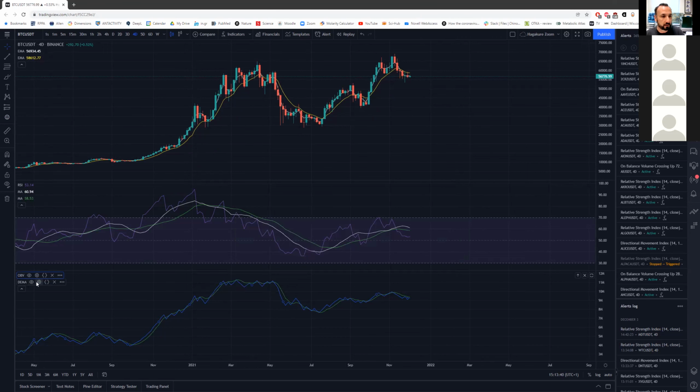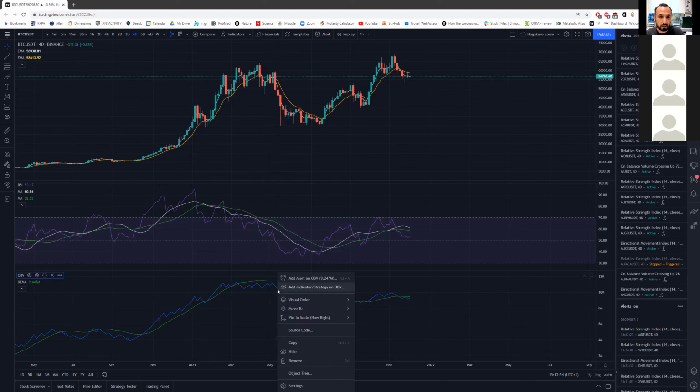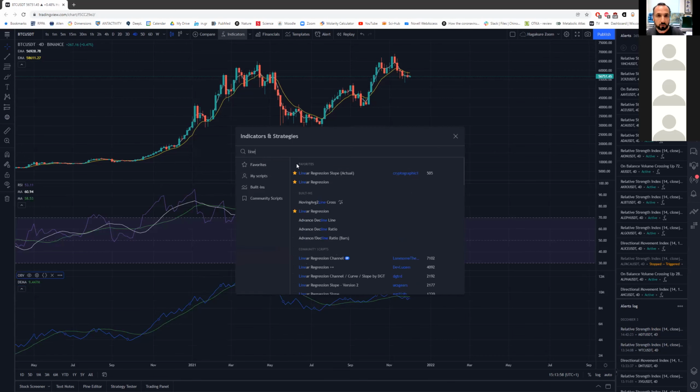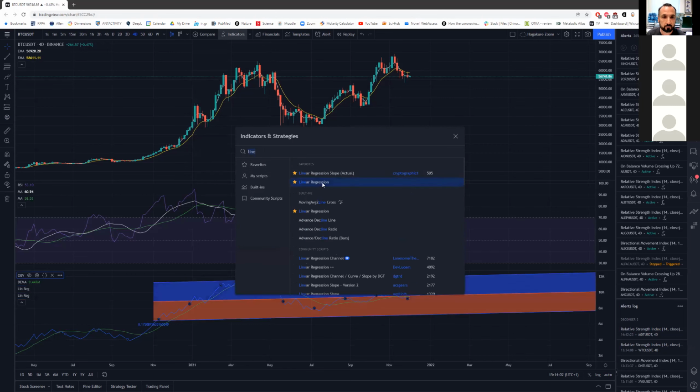And then for the settings of the double exponential, the input should be 30. Now, again on the OBV, you right click, add indicator, and you look for the linear regression, and you click this 3 times.